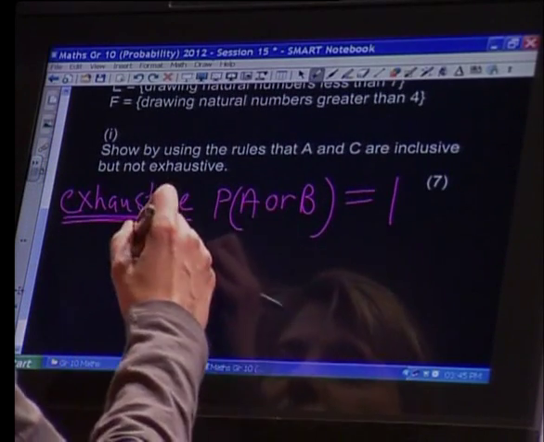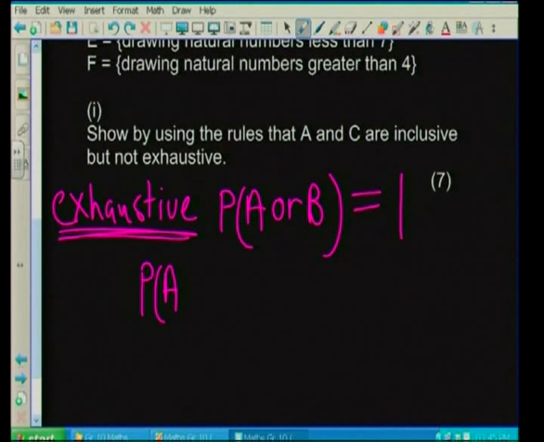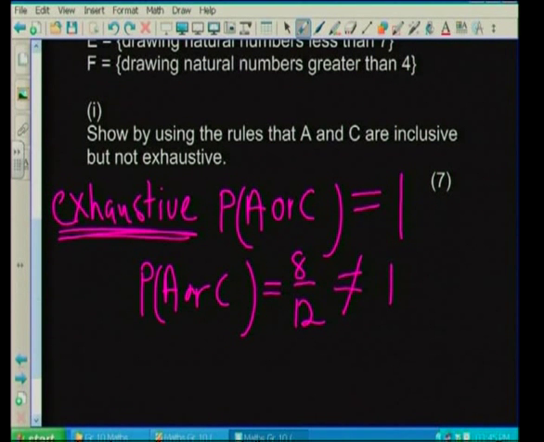So the probability of A or, and we're actually dealing with C, so let's just write event C, is 8 out of 12, which is not equal to 1, therefore not exhaustive.